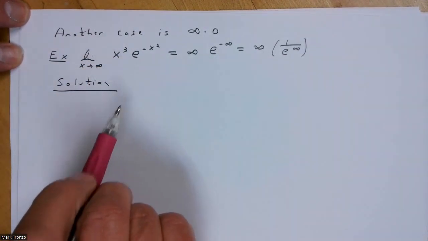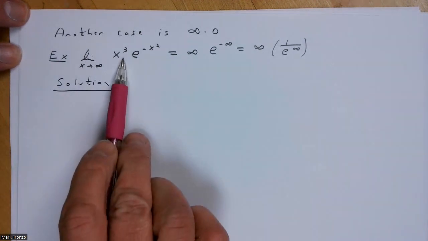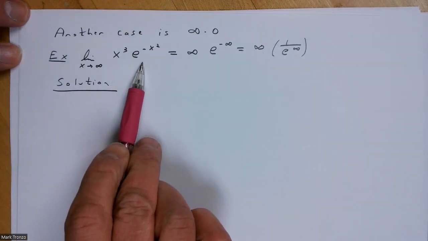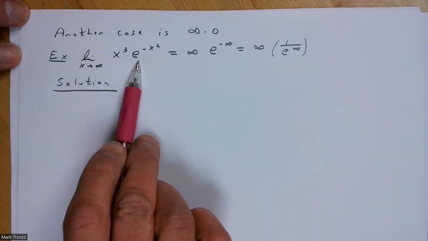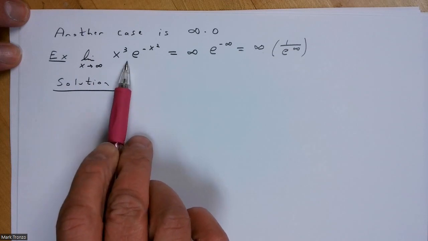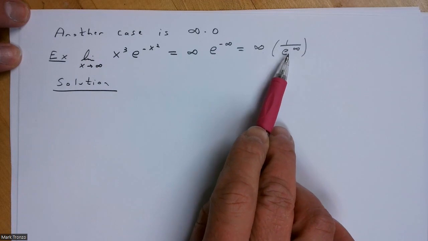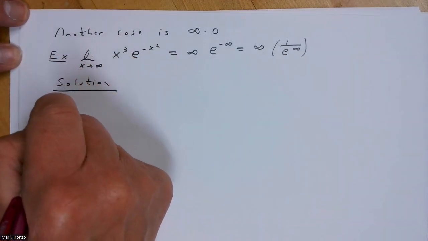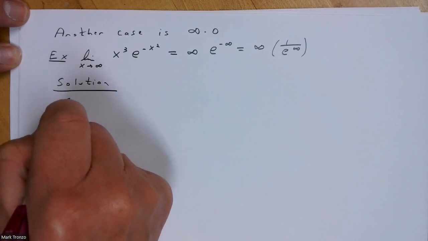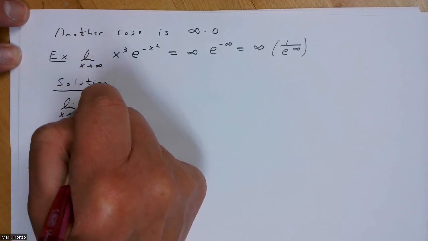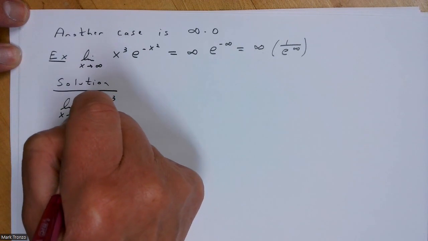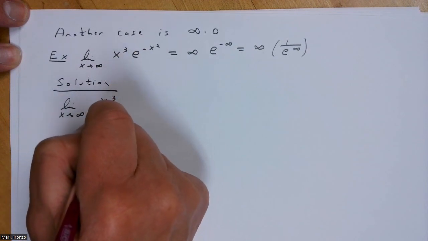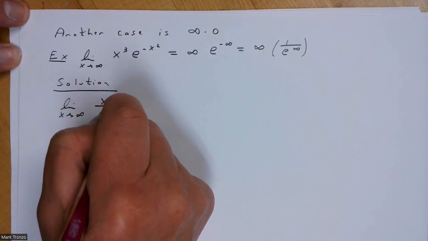Usually we want to somehow put one of these in the denominator, and it really could be either one. In fact, we pretty much have it right here. So let's rewrite this: limit as x approaches infinity of x cubed over e to the x squared.